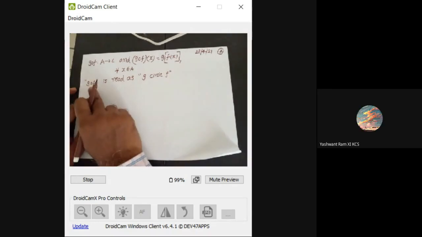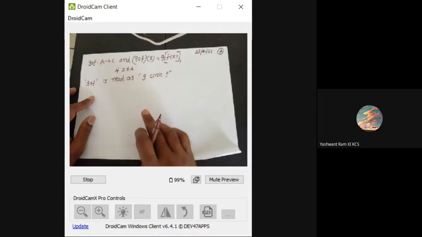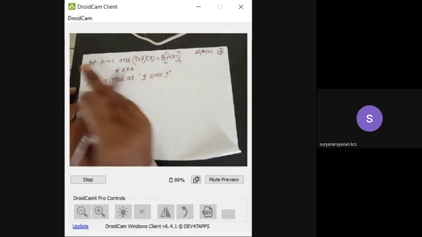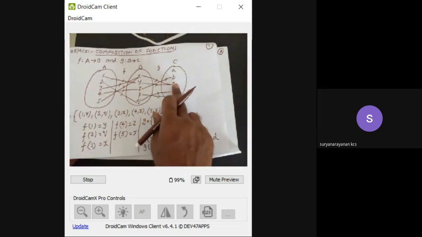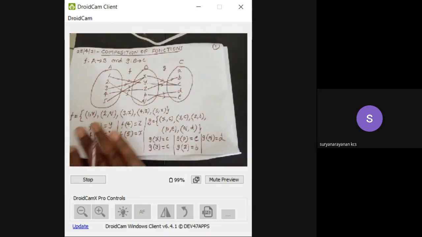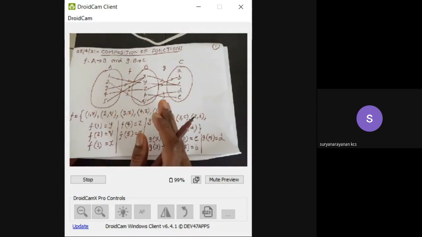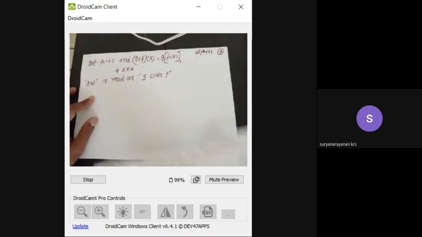Sir, the final value will belong to G, no, sir? Yes, the final result lies in the codomain of G. I will explain how to find the images of every element in the composition of these two functions.